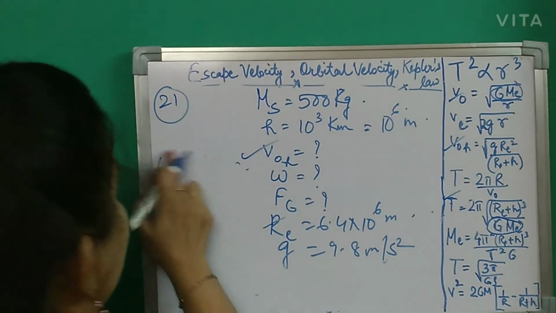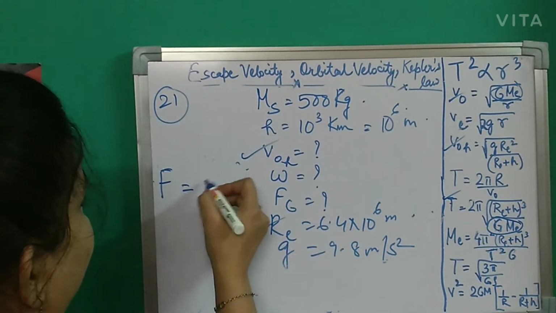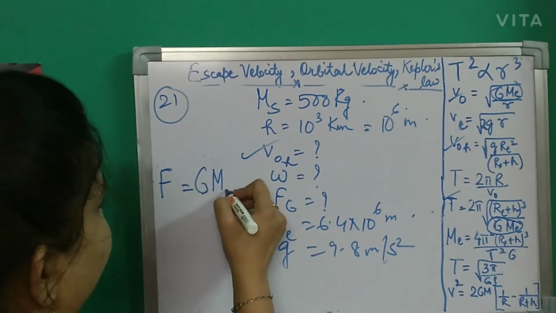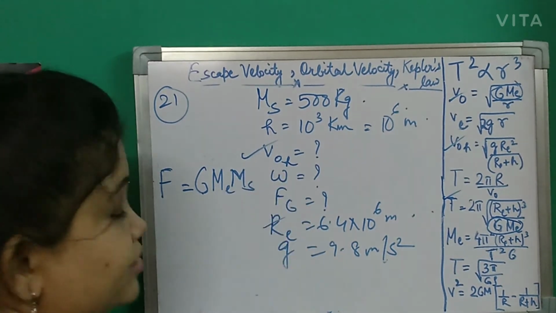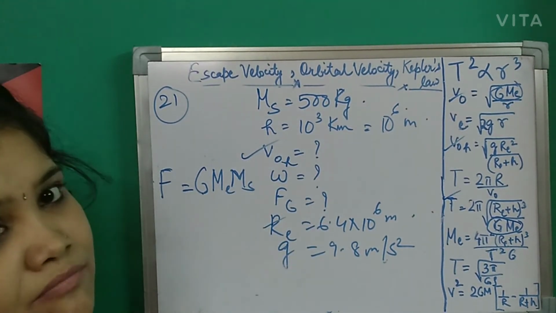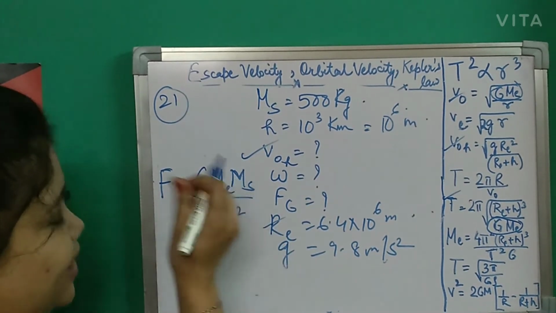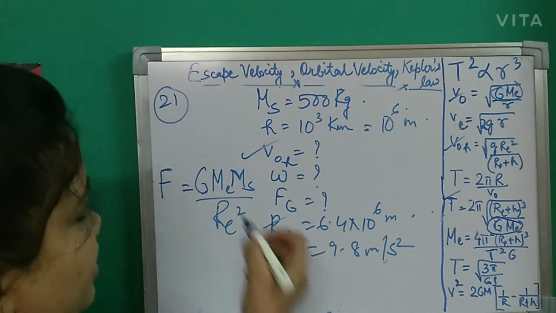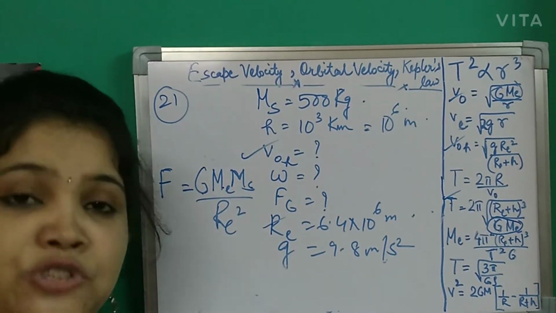F is equal to G, the universal constant, times ME, the mass of the earth, and MS, the mass of the satellite, divided by R squared. Here ME, the mass of the earth, is the bigger mass, MS is the smaller mass, and G is the universal constant.